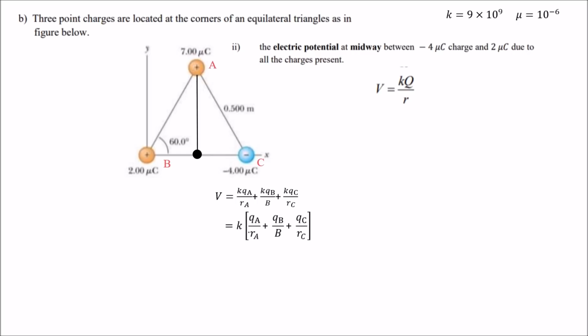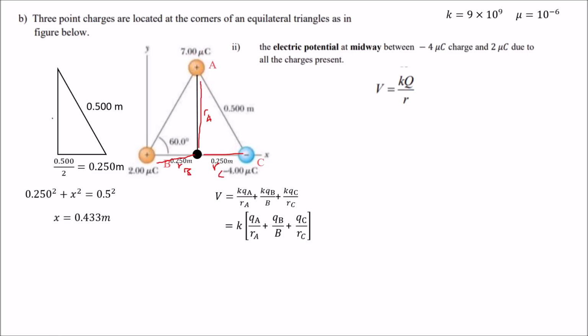We can factor out k, and then we want to find rA, rB, and rC, which are over here. For rB and rC it's easy: 0.5 divided by 2, it will be 0.25. So rB and rC are already found.